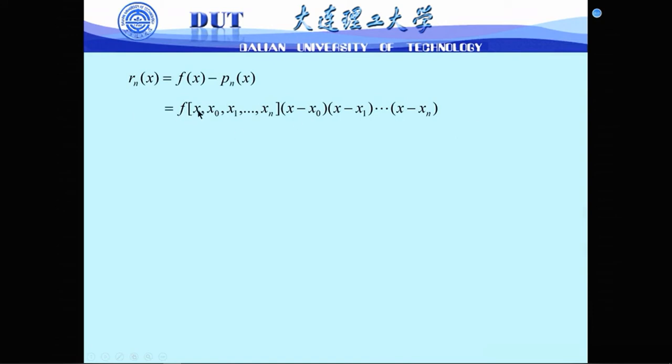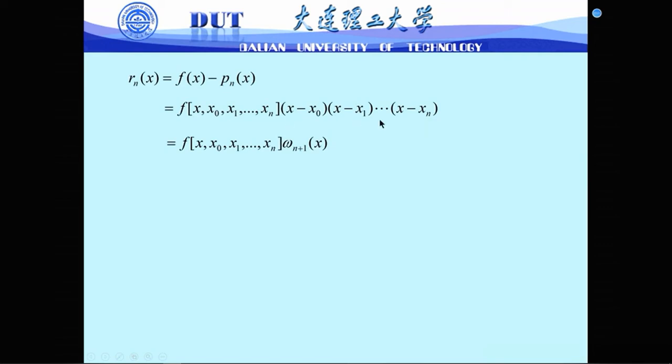So here, x0 to xn and x, so here are n plus 2 nodes, so it is the (n plus 1)th order divided difference, right? And multiply (x minus x0), (x minus x1), to (x minus xn). It's okay? So here we just use omega n plus 1 of x to denote this polynomial of degree n plus 1.